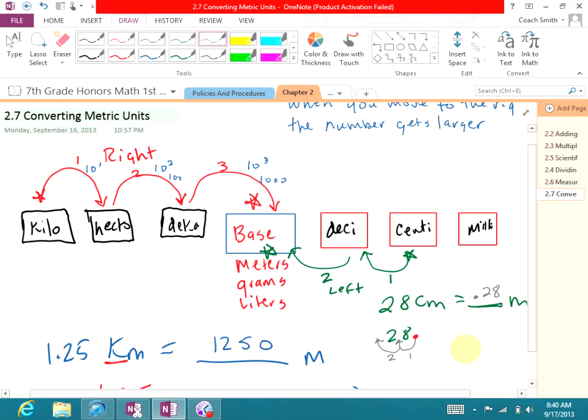It's like you're doing 28 divided by 100, because I moved 2 places, that would be 10 to the first, that would be 10 to the second, which 10 to the second is 100. So instead of trying to memorize, I go from here to here to here, it's easier just to do the boxes.